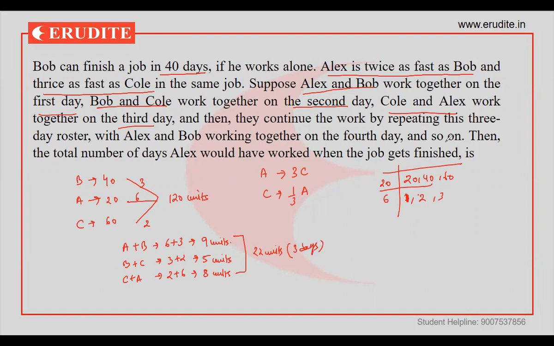Then they are saying that again Alex and Bob work on the 4th day and so on. So this roster keeps going. They are asking how many days Alex worked before completing the work. Okay. So guys, the total is 120 units, right?